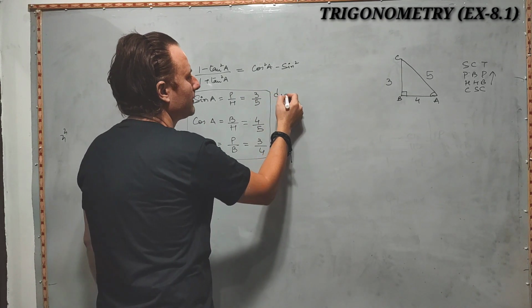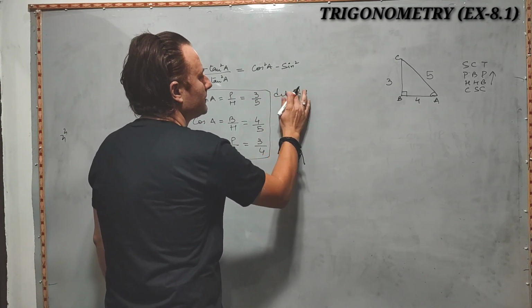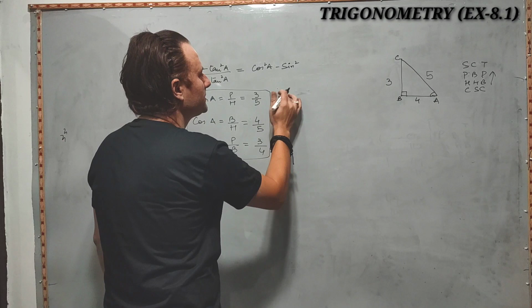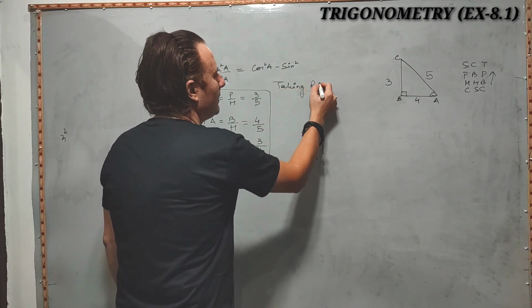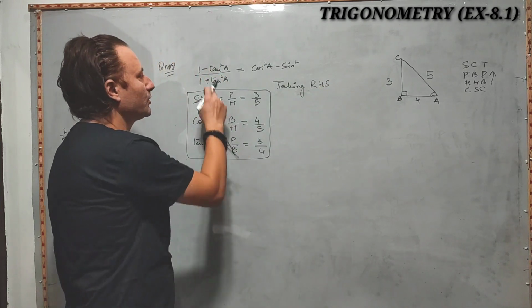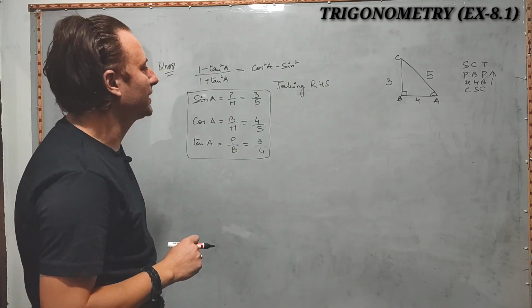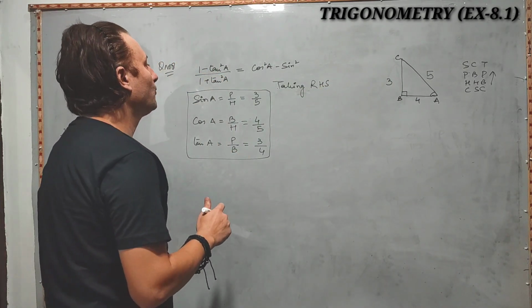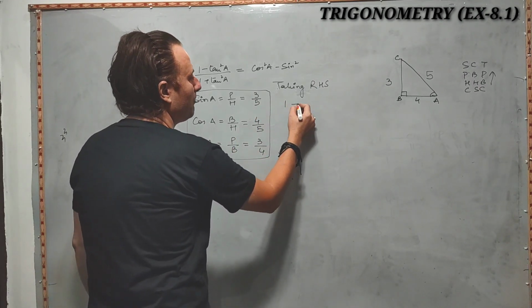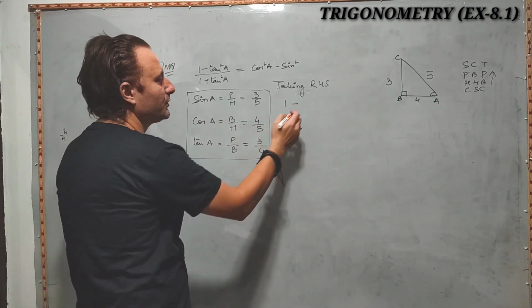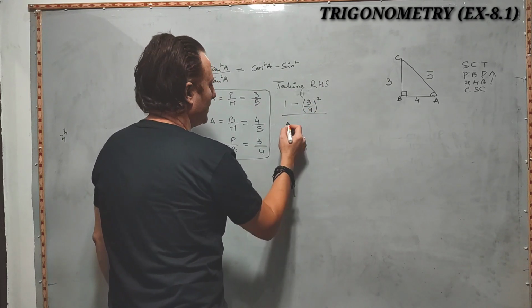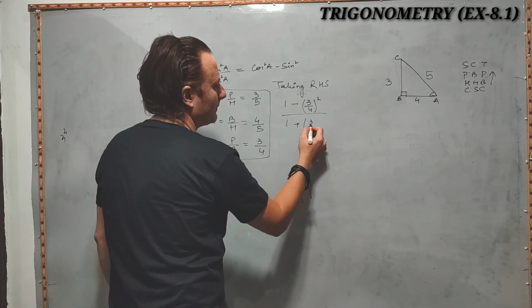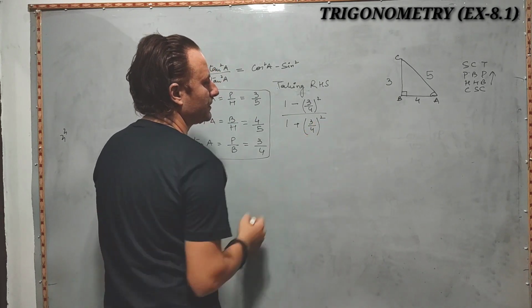First, let's take the LHS. So what do I have? I have 1 minus tan square A upon 1 plus tan square A. So 1 minus tan. We have 3 upon 4, but there is a square. Then I have 1 plus tan, 3 upon 4, again a square here.